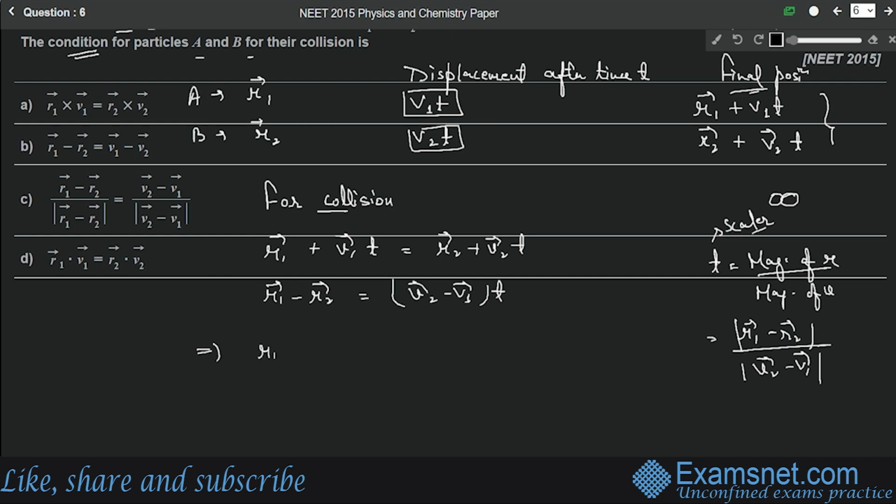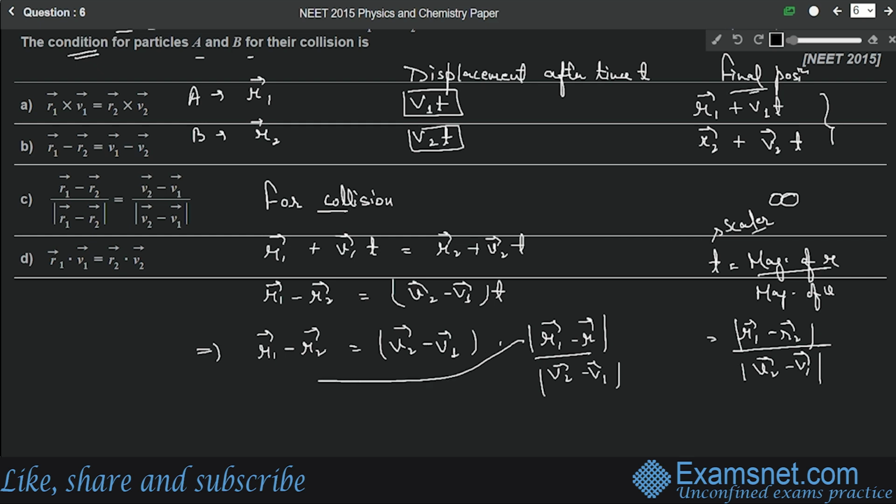Okay, so let's put this value in t. On the left hand side we have vector r1 minus vector r2, and this side we have vector v2 minus vector v1, and then in place of t we can write magnitude of r1 minus r2 upon magnitude of v2 minus v1. Now if we rearrange it, we'll get the answer.